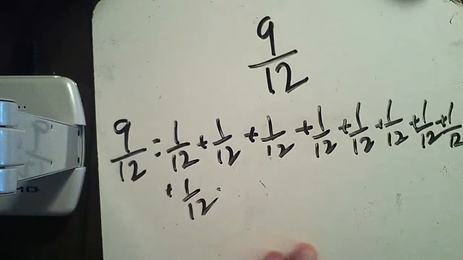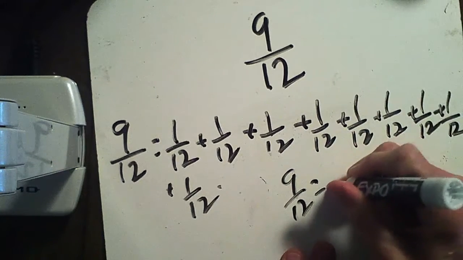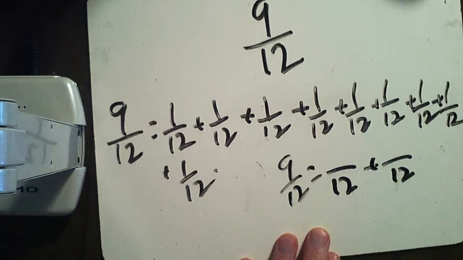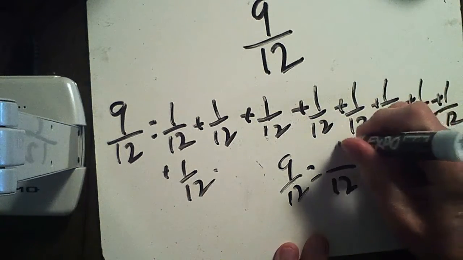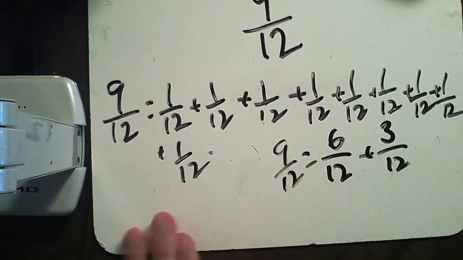Right? Then what else? Let's think of another way that we can make 9/12. Again, you know that the denominators are going to be 12. So I have to think of what numbers can you add up to get 9? Well, I know 6 plus 3 equals 9. So 9/12 equals 6/12 plus 3/12.